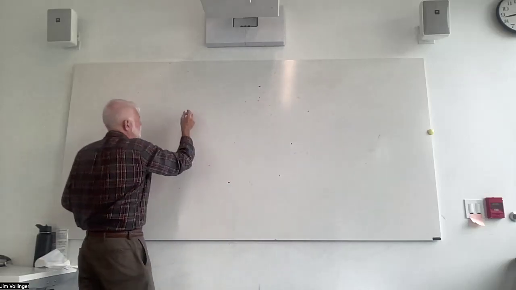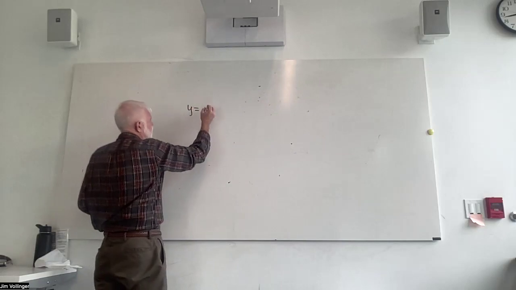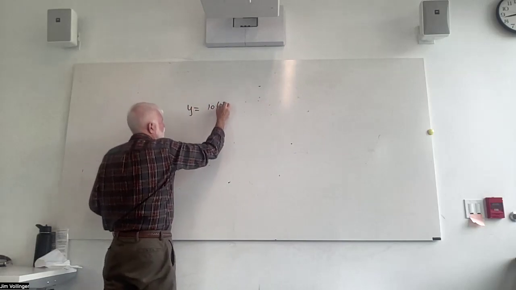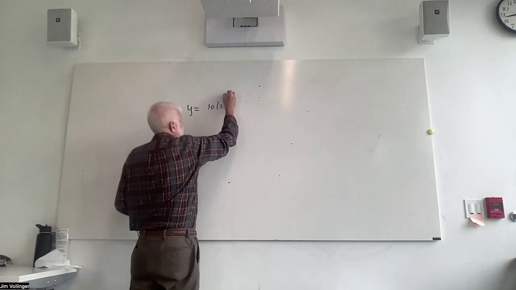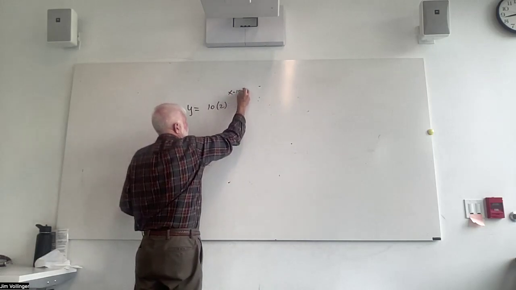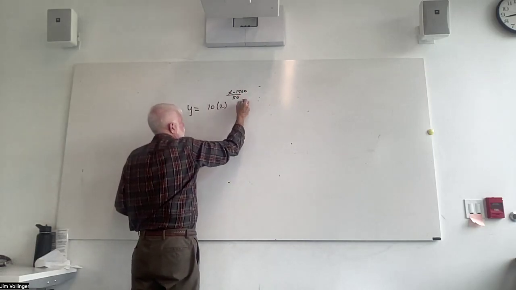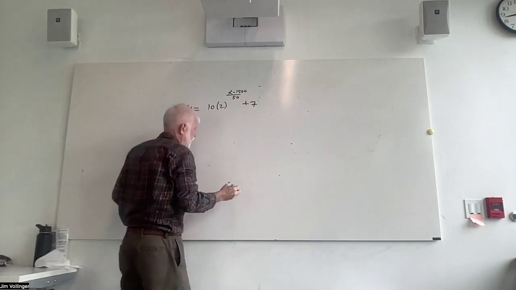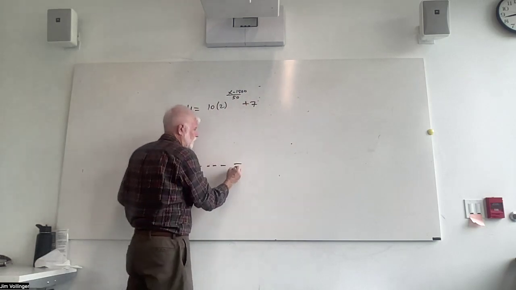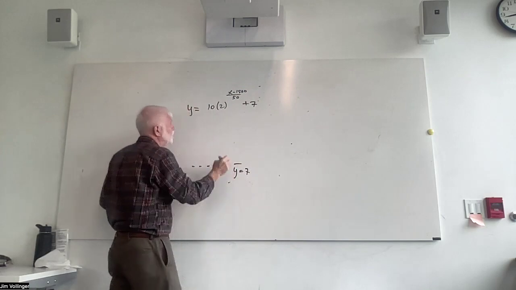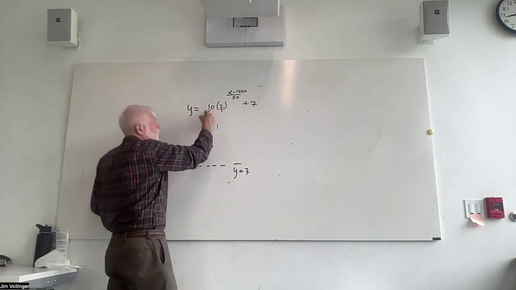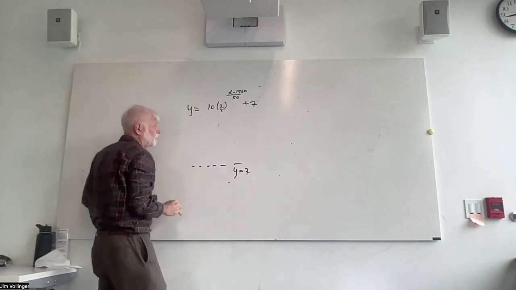But let's just look at a generic y equals. How about 10 times 2 to the (x minus 1900) over 50, plus 7. So dotted line, y equals 7. We have a 2 to 1 differential that's going to get multiplied by 10.